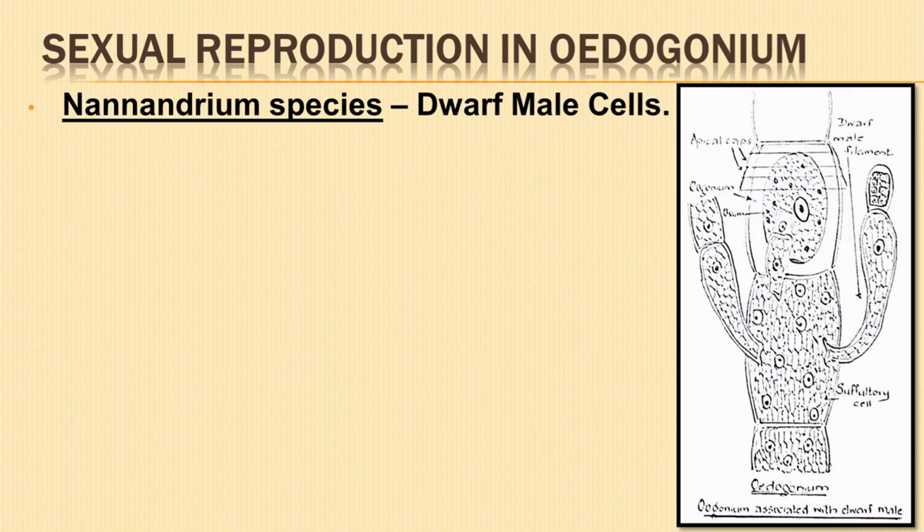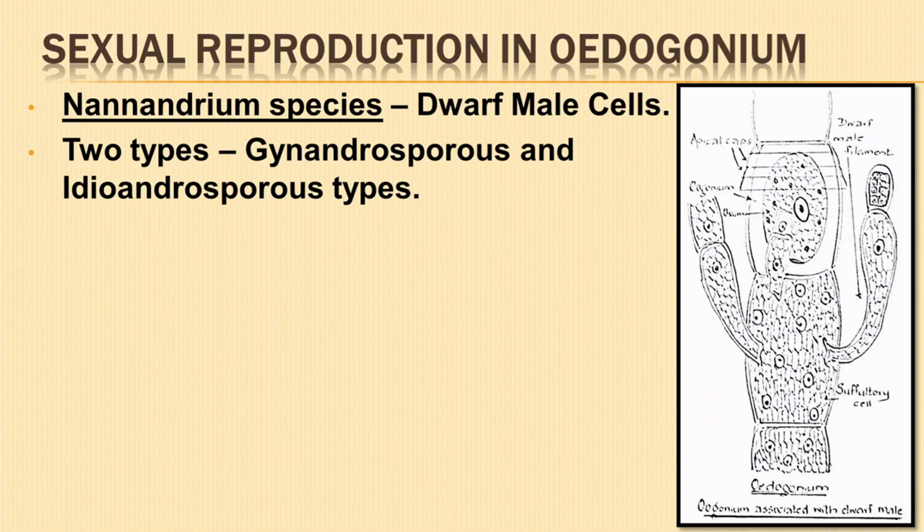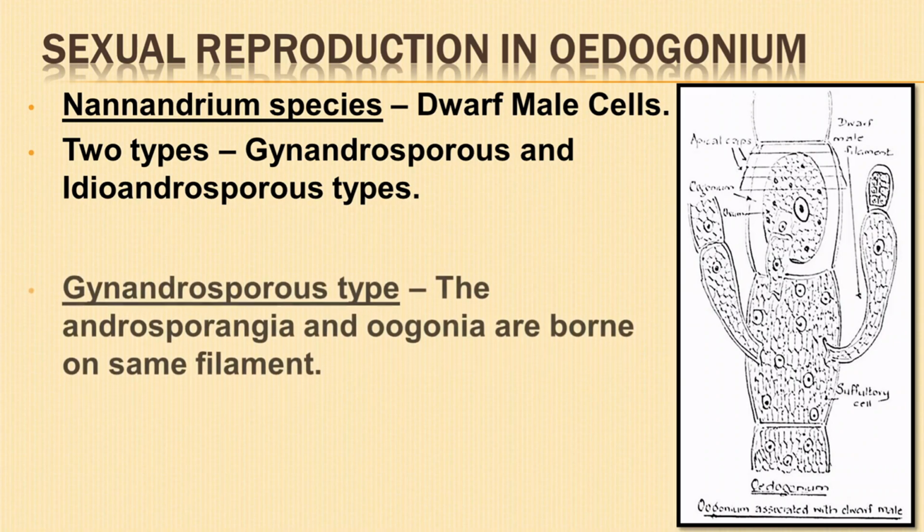The male cells are dwarf and are known as dwarf male or Nannandrium. The dwarf males are formed by androspores which are produced in androsporangia. Nannandrium species are of 2 types, Gynandrosporous type and Oedogonium type.